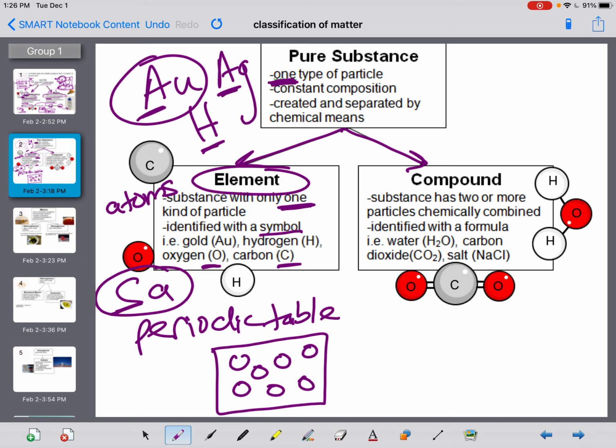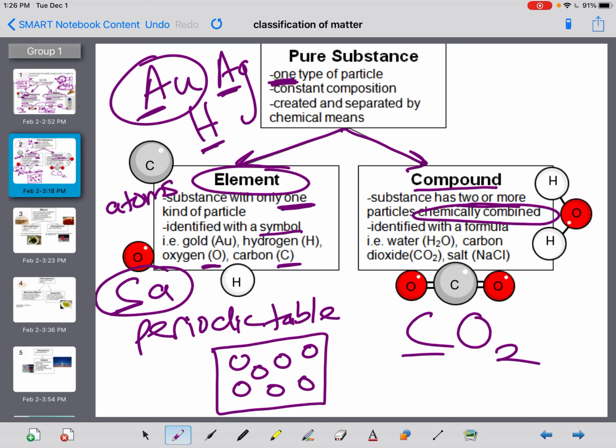As soon as you see more than one capital letter, that tells us that we have more than one element in that particular particle. Okay, so when it looks like more than one, you have a compound. So a compound is where you have two or more particles that are chemically combined. So notice here is an example, carbon dioxide, CO2.